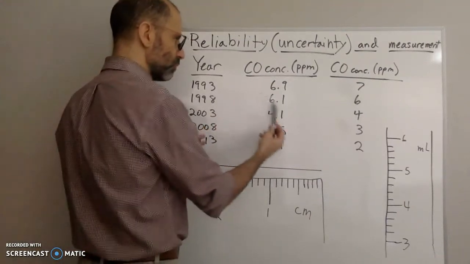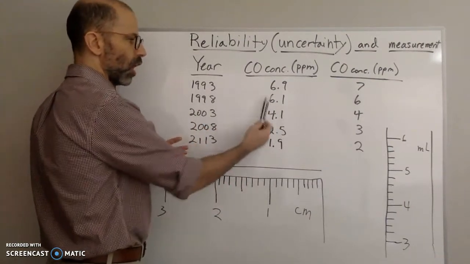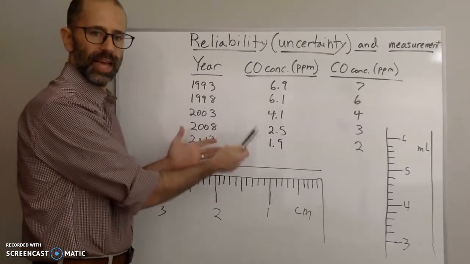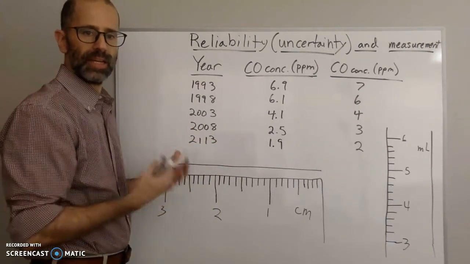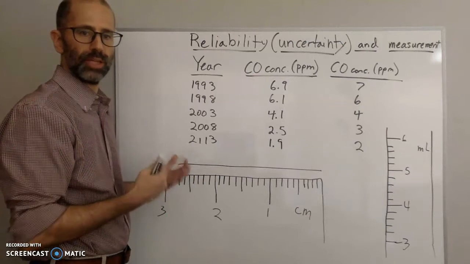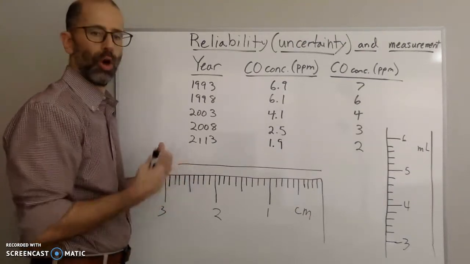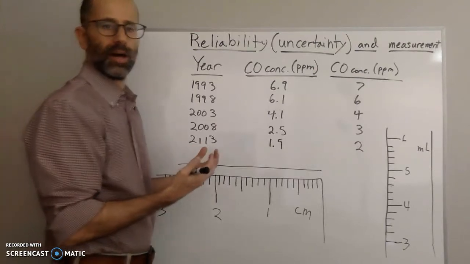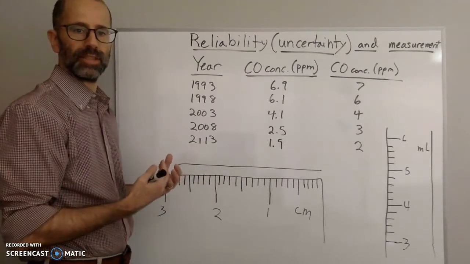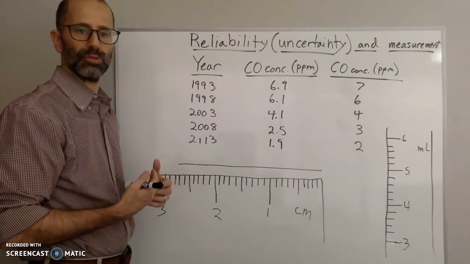So what this means is that when they are reporting data like this, depending on what instrument they used, you either get more precise or less precise data. And you can only report the number of digits that your instrument allows you to report.